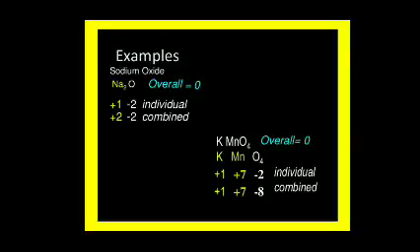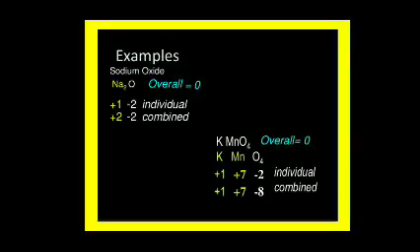Here KMnO4, the manganese oxidation number. Overall charge 0: 1 potassium, 1 manganese, 4 oxygens is equal to 0. Potassium is a first group element, its oxidation number +1, oxygen general oxidation state -2.